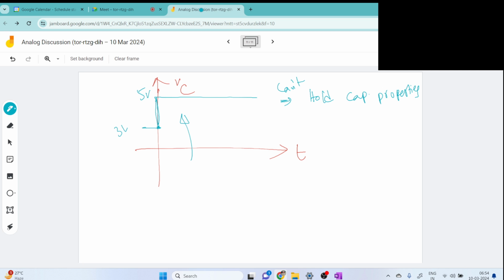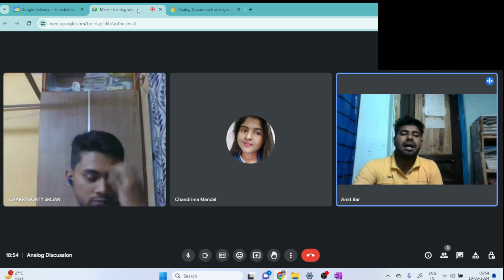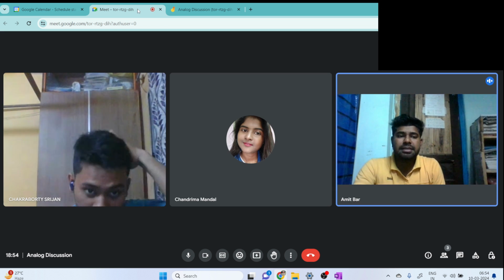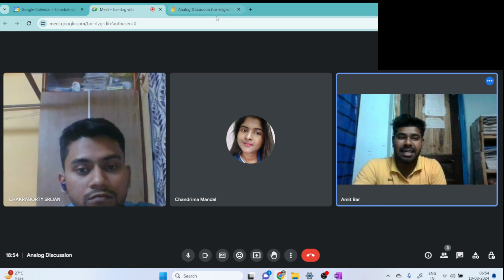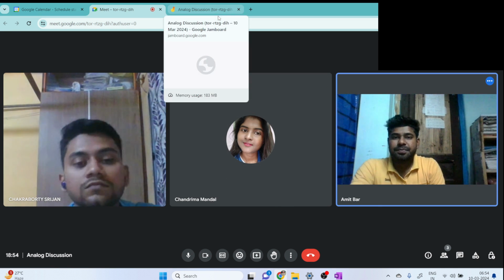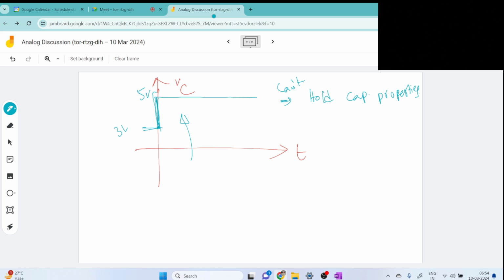This is the instant charging of a capacitor, where it changes its potential across it instantly. This is the case whenever there is an infinite current. I think this is very much understood.